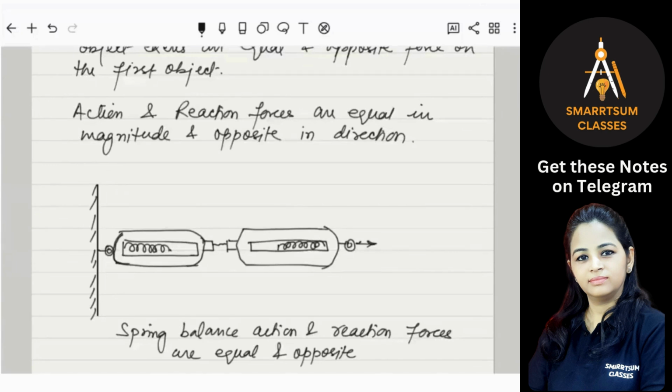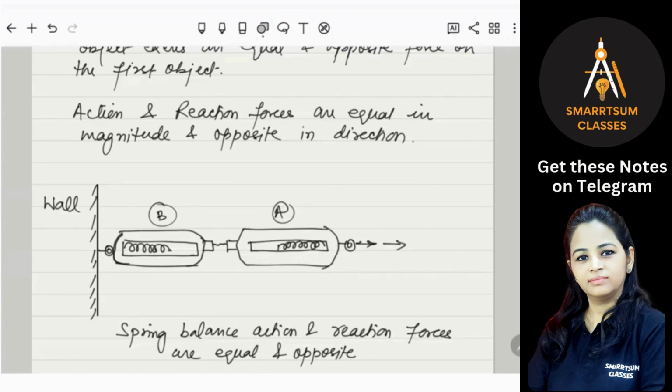As you can see in this diagram, there is a spring balance, and these balances are connected to the wall. This is the wall, and somebody is pushing this second one. Suppose this is A and this is B. This A pulls in this direction.